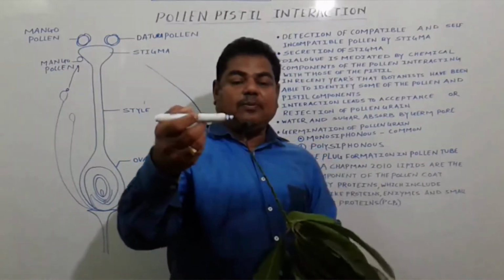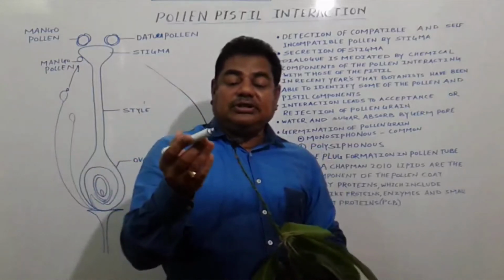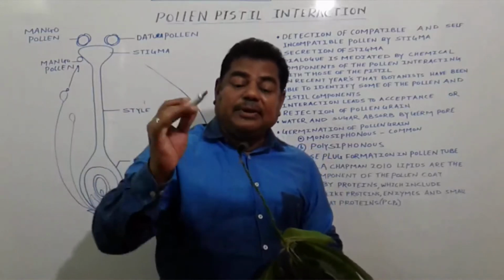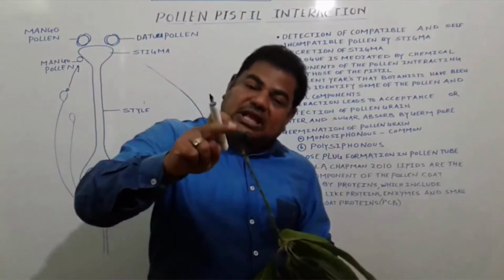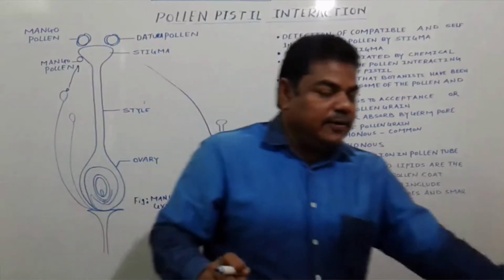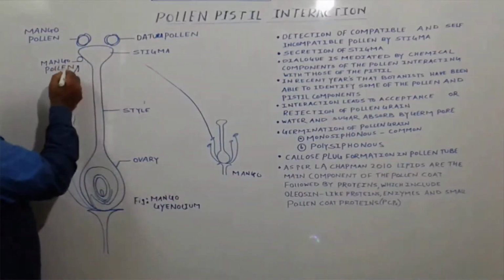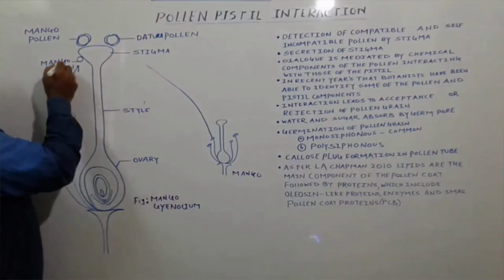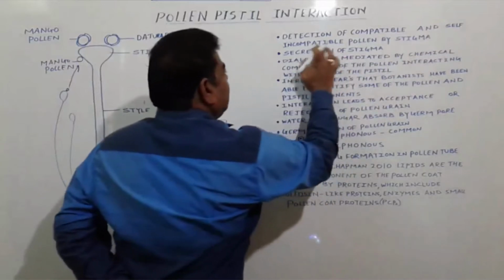Due to self-pollination, such a type of fruit formation takes place, which we call inbreeding depression, due to which the production gets completely affected. To avoid such inbreeding depression, the stigma rejects such same species pollen grains which are self incompatible.